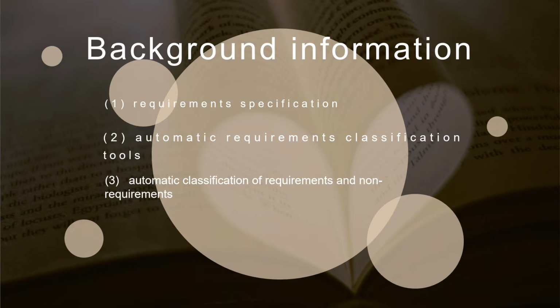Okay, then I would like to introduce some background information. First is requirements specification. It contains the properties that a system needs to exhibit and the derivation of test specifications, and defines liability between stakeholders. Besides, specifications also contain non-requirements, which include examples and explanations.